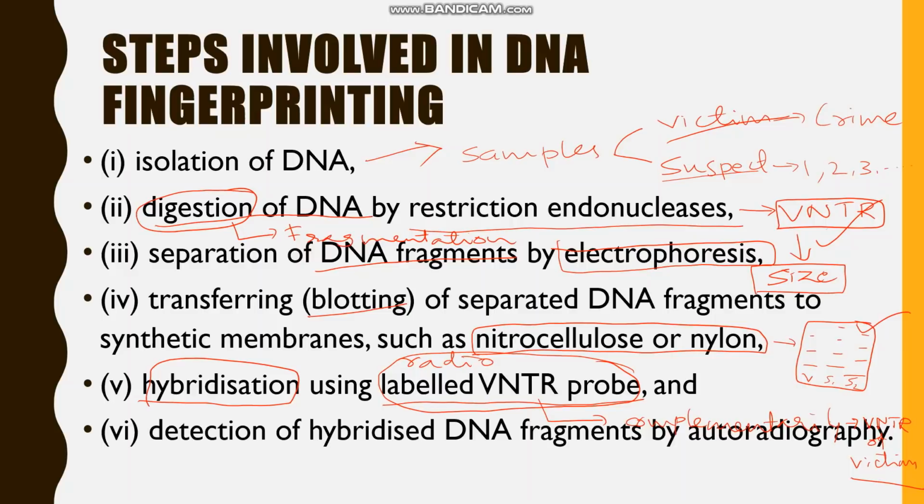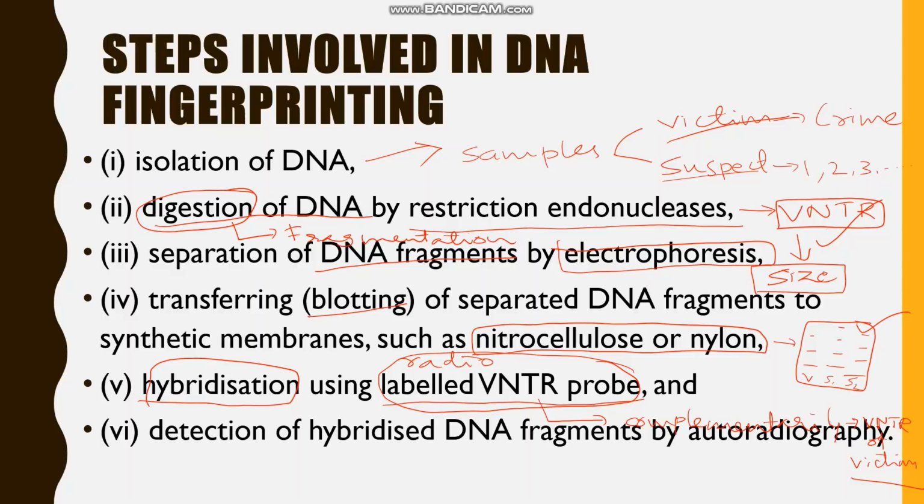The same radio-labeled probes are used for the hybridization of the suspect sample. So the chances for the presence of hybridization exist only if there is complementary base pairing between the suspect VNTR strands and the radio-labeled probes used for hybridization.